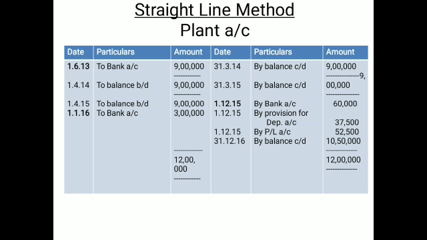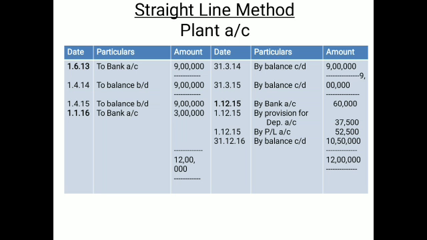The balance is forwarded, 9 lakh. Again it is forwarded to the third year, 9 lakh, and the new machinery is purchased for 6 lakh. Now you may see here, by bank, by provision and by profit and loss. In the last time period, one part of the plant has been sold.